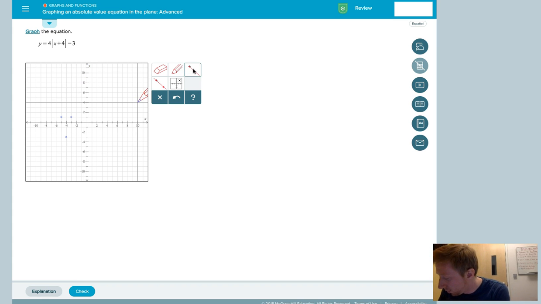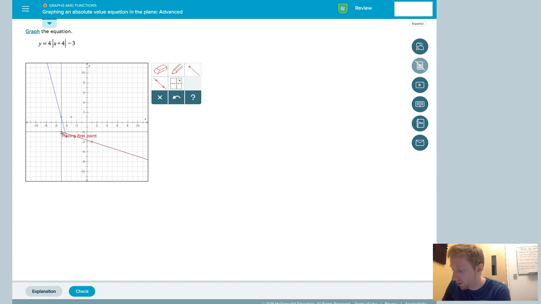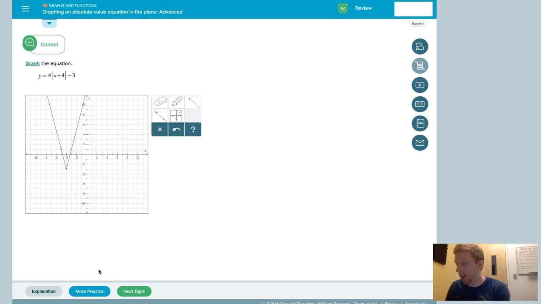And then we can use our graphing tool to draw our rays. We want to use the ray tool, not the segment tool. And you do it for both points. So we did it for the left side, now I'll do it for the right side. Place your first point here again, and then the second point there. And this is our final graph. And then we'll want to check to make sure it's right, and then we would move on.